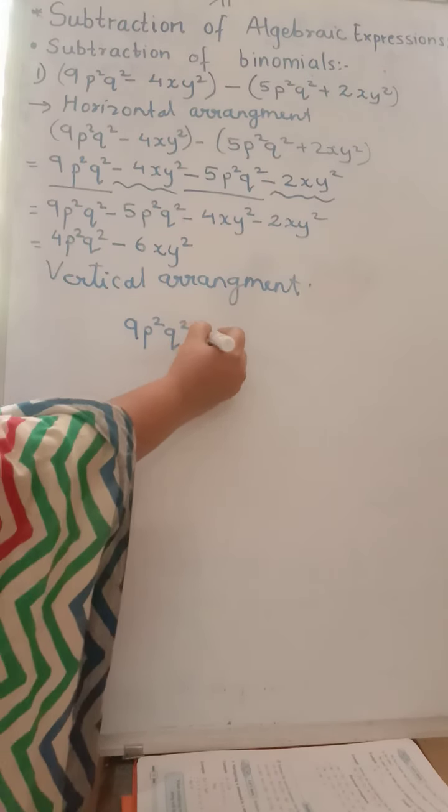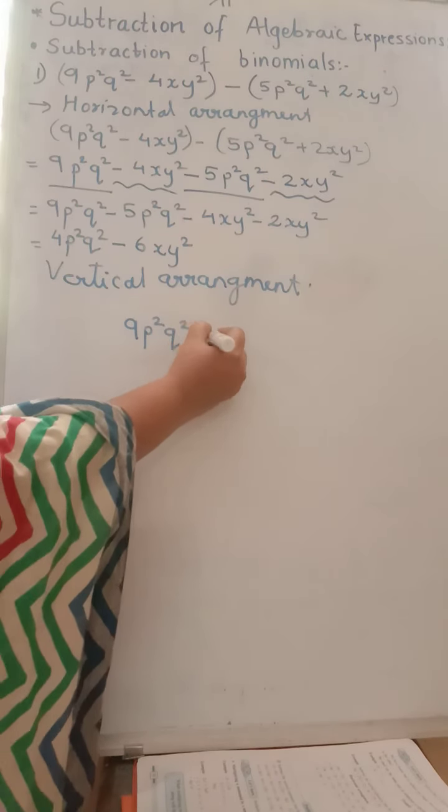So it will be 50y, and common sign, that is plus. And again the z term. What is that? Plus minus. So what we will do? Minus. Yes. 14 minus 12 will give us 2. Yes children. And the variable is z. And greater number sign, that is negative. So our answer will be 7x plus 50y minus 2z.